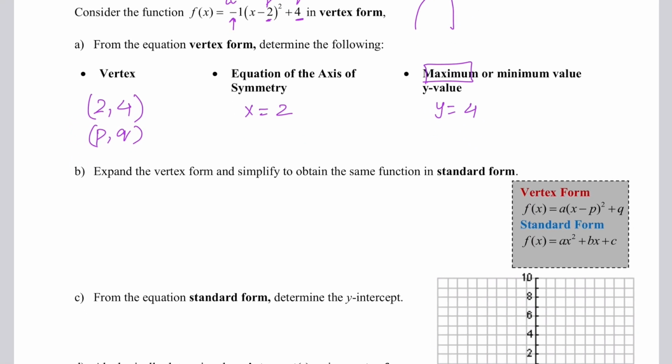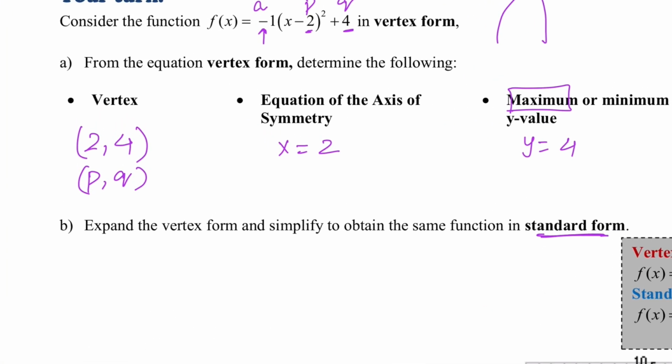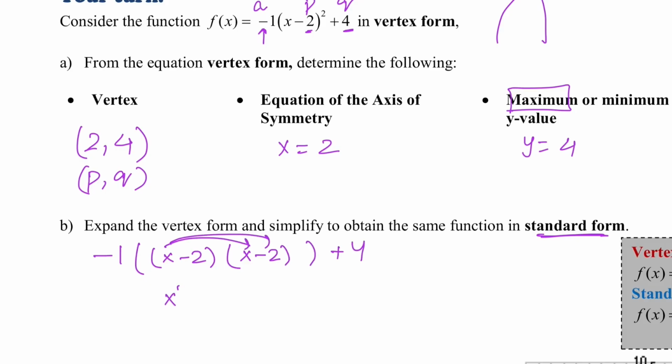Expand the vertex form to obtain the standard form, so we are expanding it. That means negative 1 times x minus 2 squared plus 4. Distribute this: x squared minus 2x minus 2x plus 4, because negative 2 times negative 2 is 4, minus 1 plus 4.